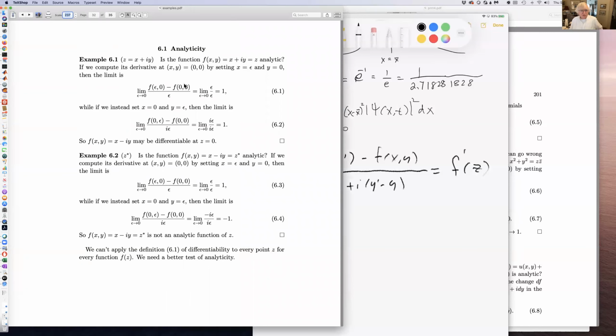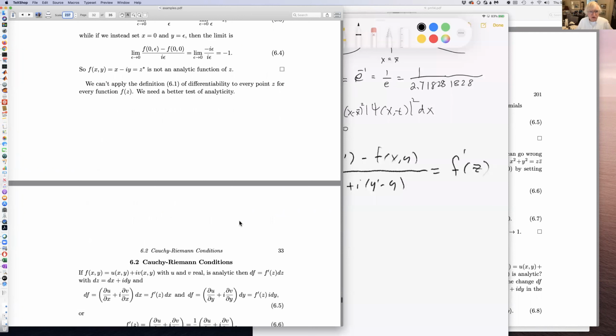Then you see if you approach on the x-axis, you get 1. On the y-axis, you also get 1. That, of course, doesn't prove that it's differentiable, but it's suggestive. On the other hand, if you take x minus iy, then you get 1 on the real axis and minus 1 on the imaginary axis.